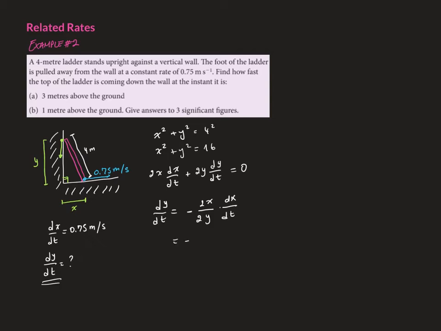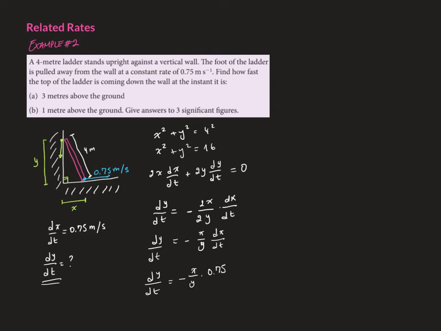Simplifying, this expression is x over y dx over dt. And we can substitute dx over dt with 0.75. So dy over dt is going to be minus x over y times 0.75.